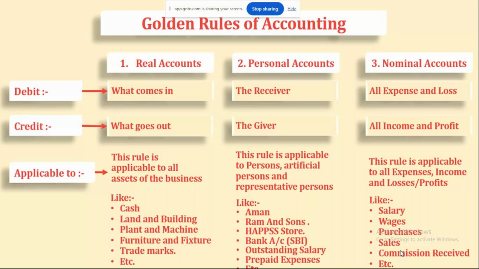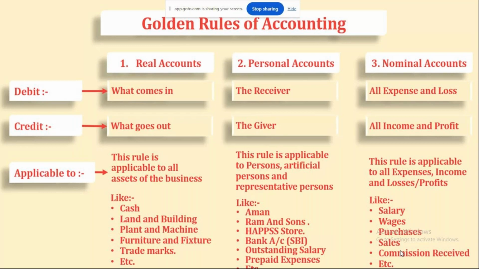And for the nominal account, it is applicable to all the expenses, incomes, profits, and losses. In one statement, it has a direct relationship with your trading profit and loss statement, covering all your direct expenses, indirect expenses, direct incomes, and indirect incomes.